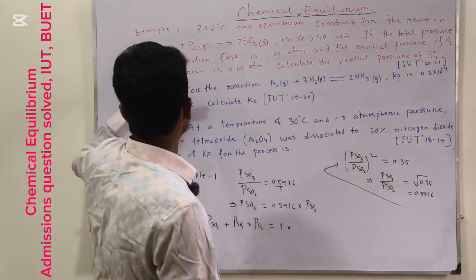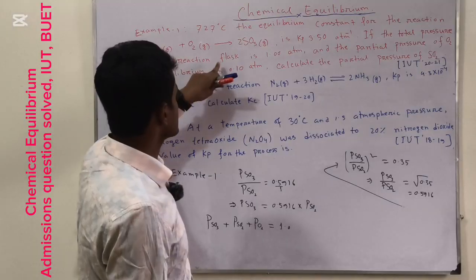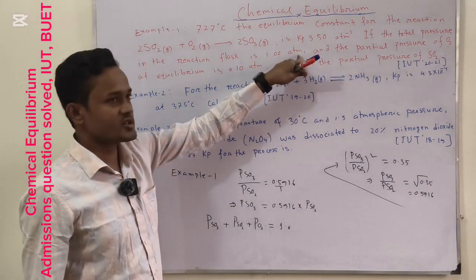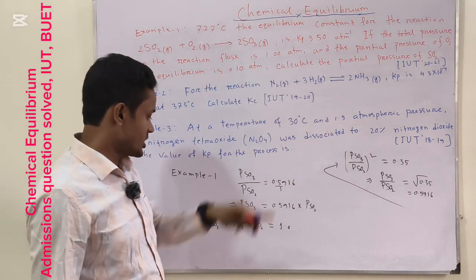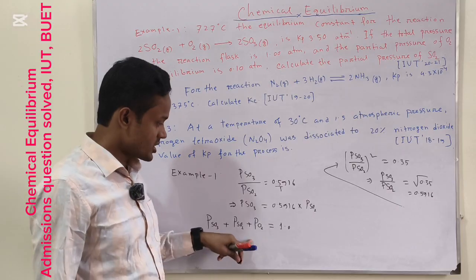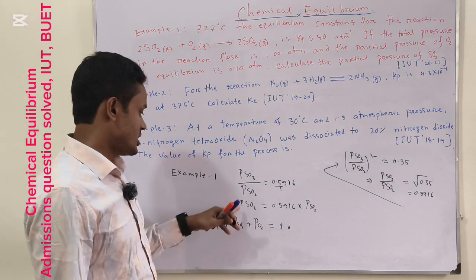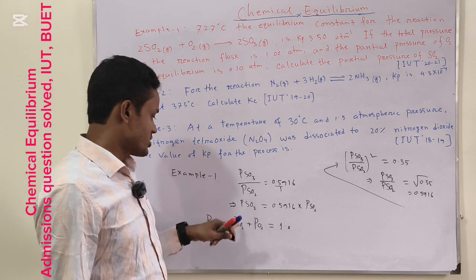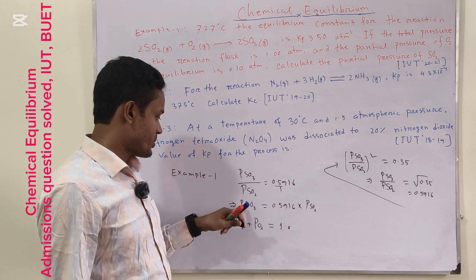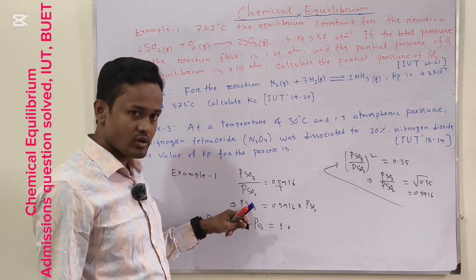The total pressure in the reaction flask is given as 1 atmosphere, so the total partial pressure equals 1.